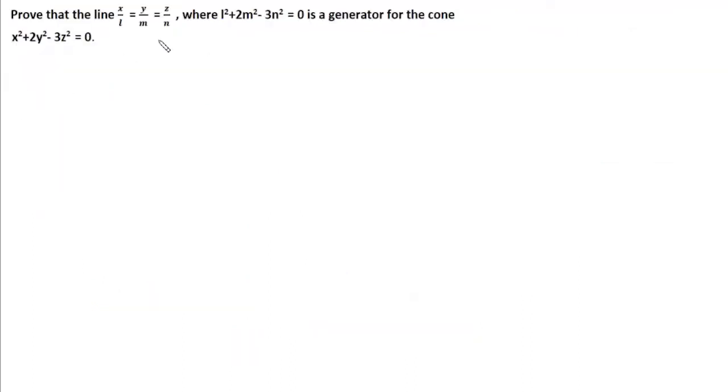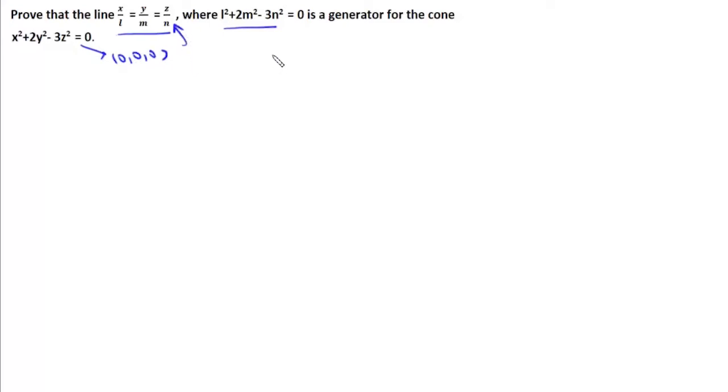Now here the question is, prove that the line x upon L equals y upon M equals z upon N, where L square plus 2M square minus 3N square equals 0, is a generator for the cone x square plus 2y square minus 3z square equals 0. Now this is the equation of a cone passing through vertex 0, 0, 0, and the origin lies on this generator.